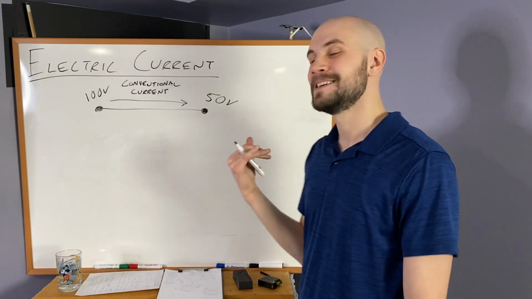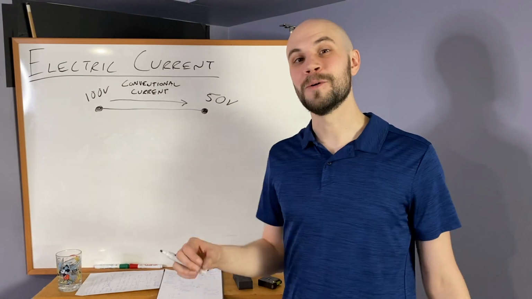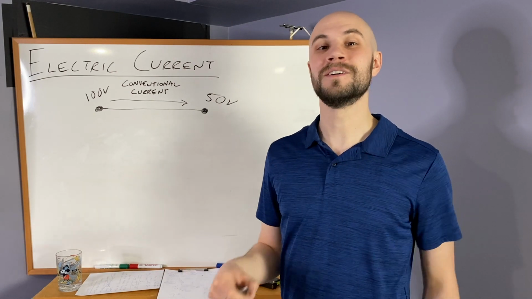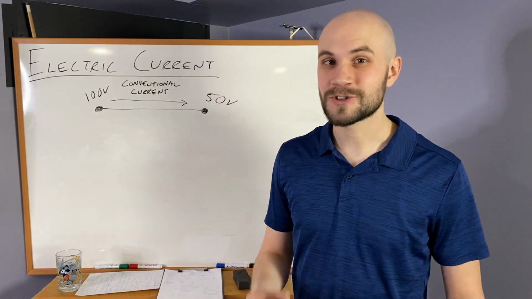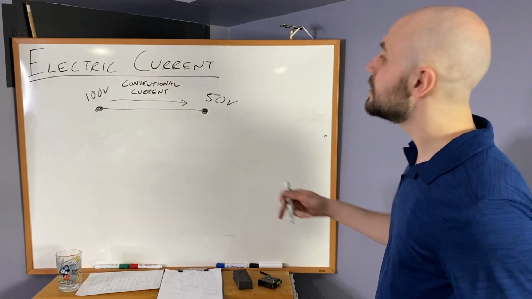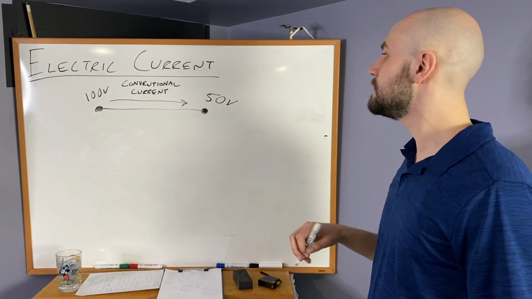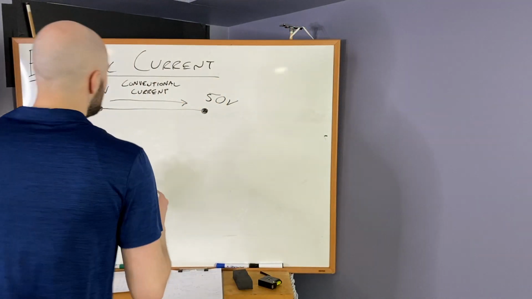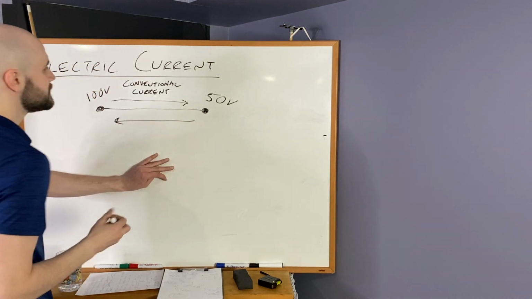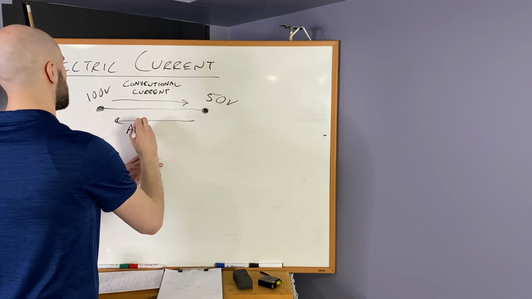But based on our discussion of electrostatics, we know that the particles that are actually moving from one location to another are electrons. Electrons are truly flowing from one place to another in a circuit. So even though we define conventional current moving from 100 volts to 50 volts, the true direction that charges are actually flowing inside of our wire is this way. This is the direction of actual electron flow.